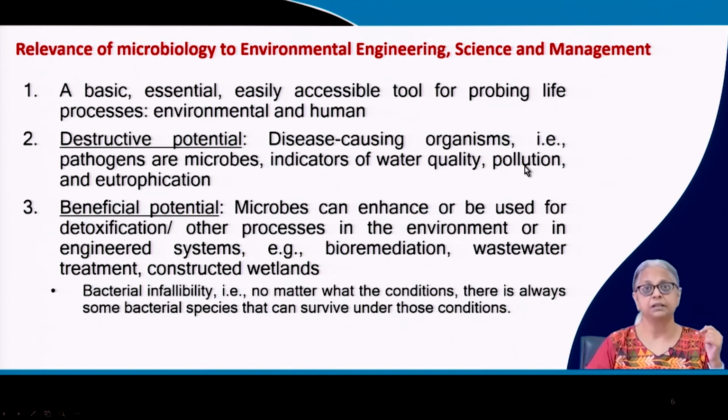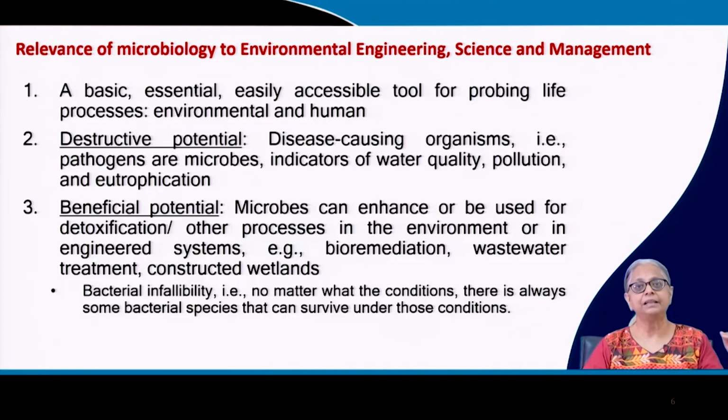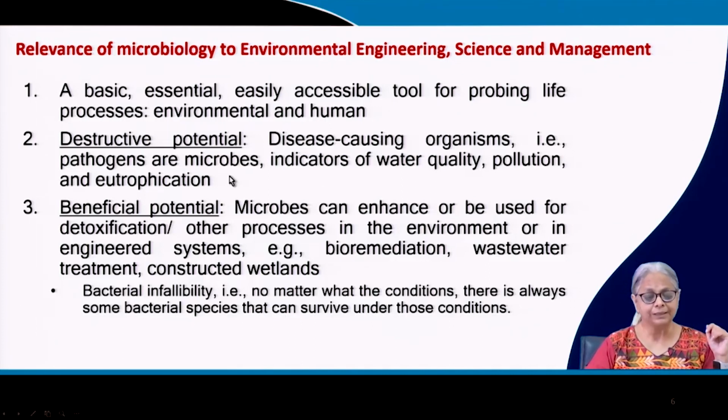Okay, so this is a very important indicator of water quality. We use it as an indicator of pollution, we use it as an indicator for eutrophication. The simplest example of eutrophication is you walk around anywhere in the cities, towns, countryside, wherever you go, you will find small puddles of water or even large water bodies which have a green layer at the top. That green layer comes from algal cells.